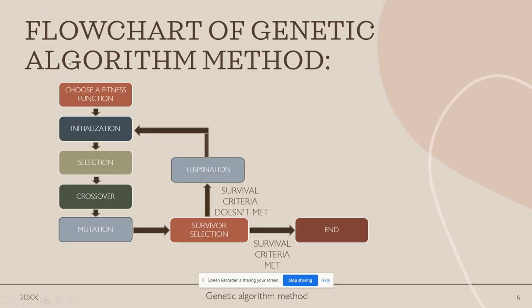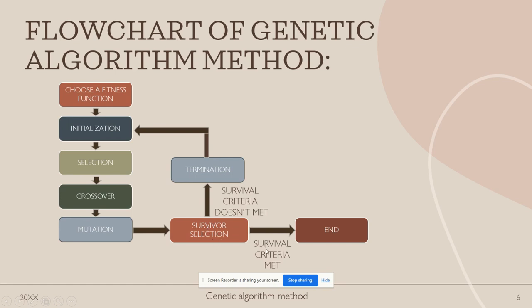So this is the flowchart of the genetic algorithm method. Initially we have to choose a fitness function and do initialization. Initialization is nothing but generating a population and encoding it into binary data, and we will do several operations like selection, crossover, and mutation, and then we will do survivor selection.